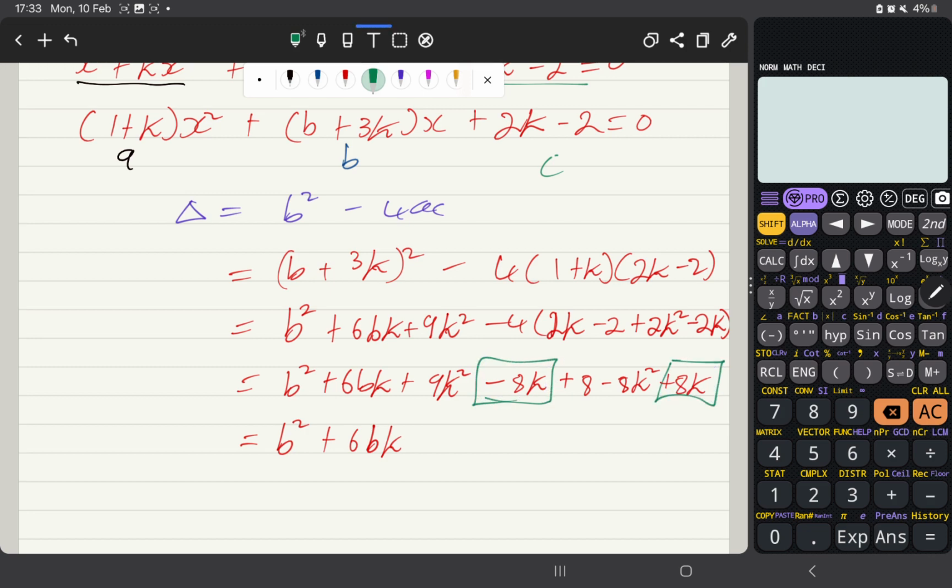These are gonna cancel out each other, 8k minus 8k, and right here I'm gonna have 1, so I can just say plus k squared plus 8. So the 8 came from here, this came from this 2.